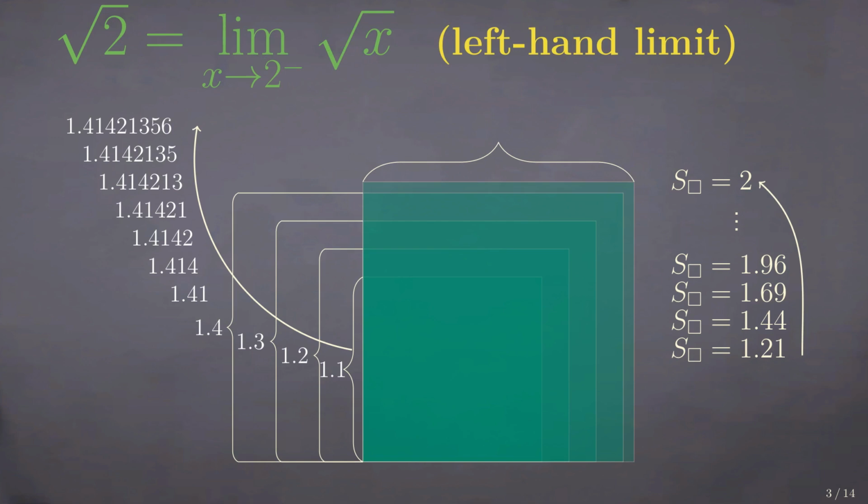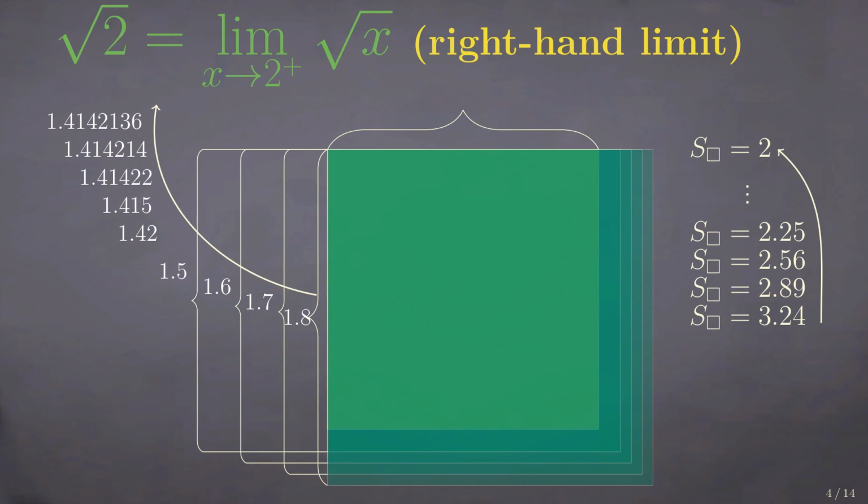So for this we have the notion of the left-hand limit, meaning that you also take the limit of the square root of x by letting x tend to 2, but from the left, meaning that x is always less than 2. To distinguish this notation from the regular limit, we add a subscript minus right after 2 in order to show that it is a left-hand limit.